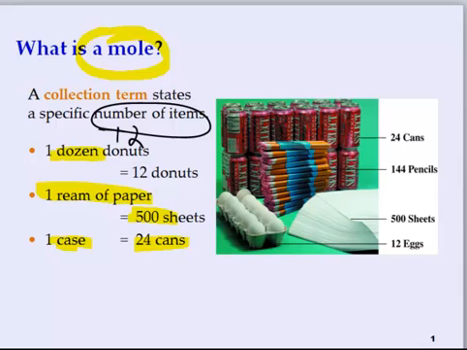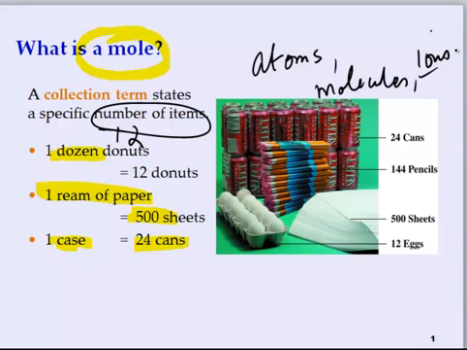In chemistry, we use the term moles to count very tiny particles. So we are either measuring or counting, I should say, atoms, molecules, or ions. Any of these tiny molecules or atoms or ions can be counted, and the count is considered to be a mole.